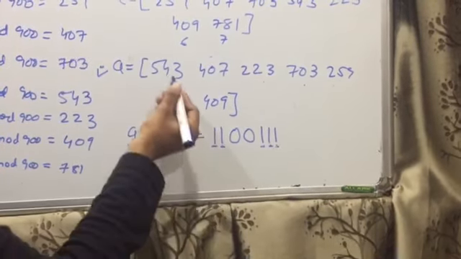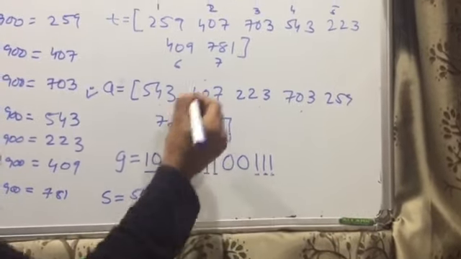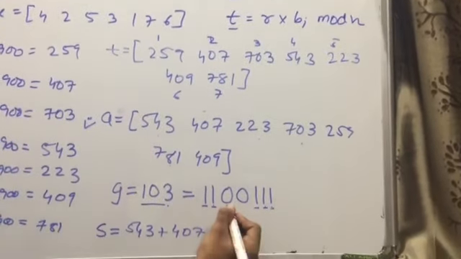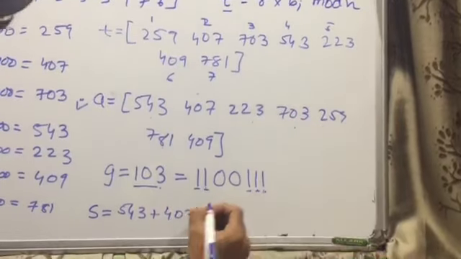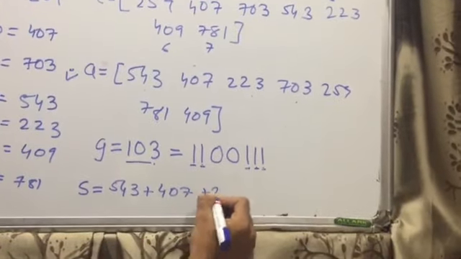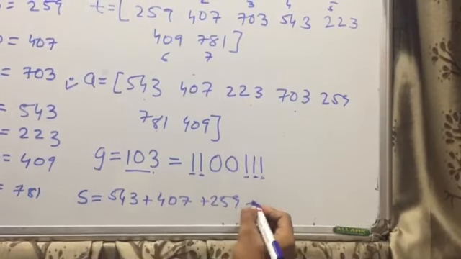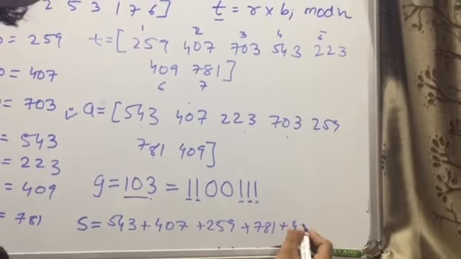So first is 1, so you have to add 543, second 407, third 0 0, so you don't have to add over here. Now 259 and all the remaining ones, because all are 1 here, so 781 plus 409.